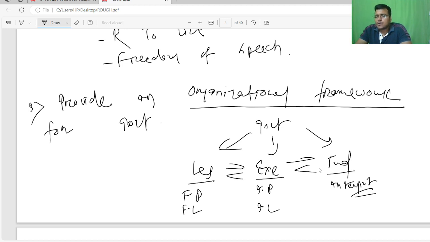Judiciary has power like judicial review, judicial activism. Executive not only implements policy, it also formulates policy and law. So in dichotomy, we have discussed the difference between polity and administration relation. So now both are working in a coordinated manner. So, organizational framework for government.